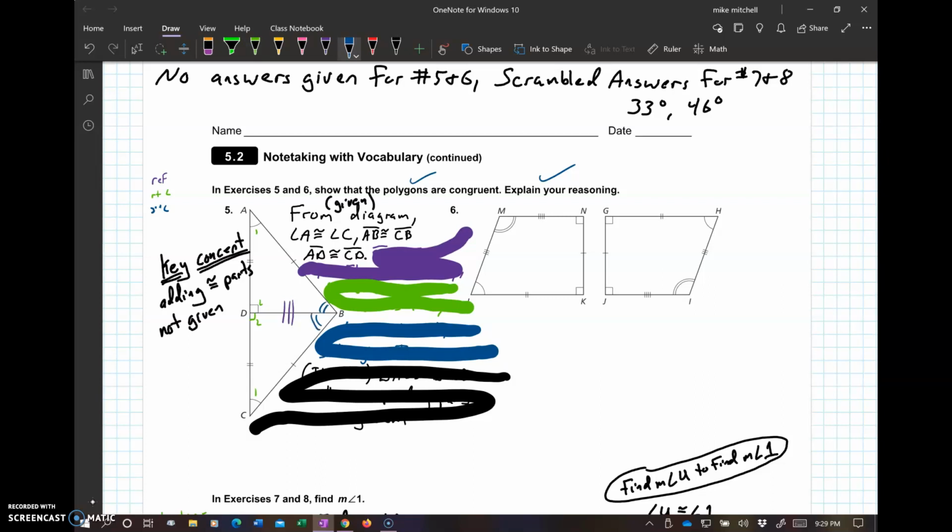And those have to be congruent too. Again, going back to those 2 triangles I showed you earlier. Now I've got all the parts congruent, so the triangles have to be congruent by definition of congruent polygons.